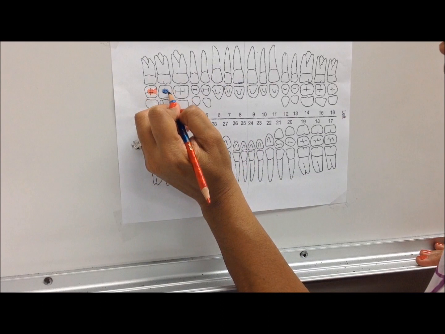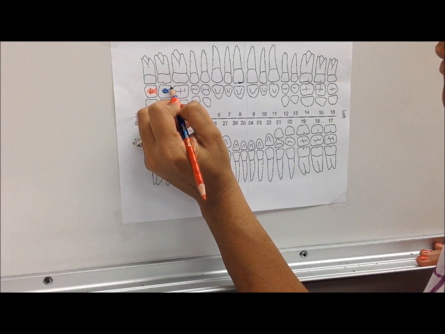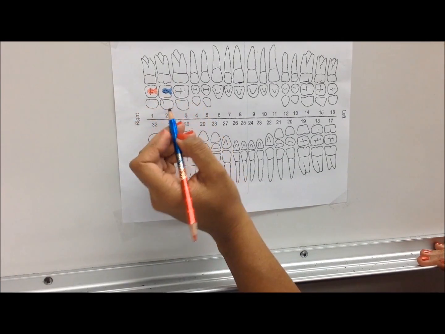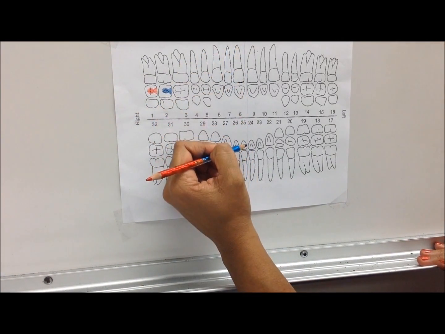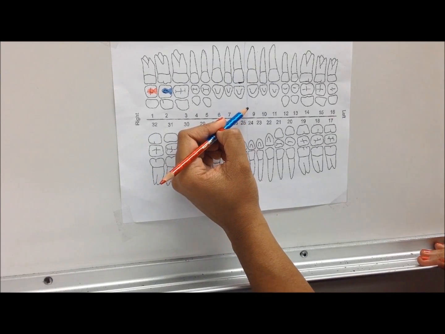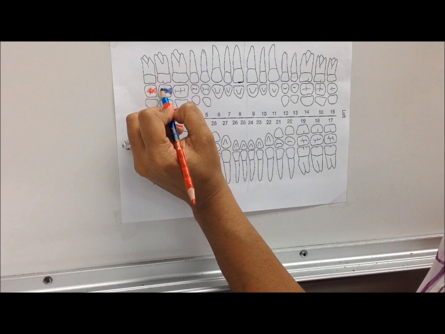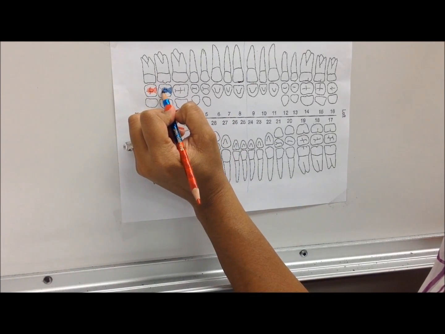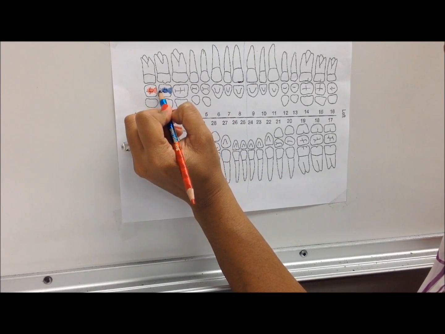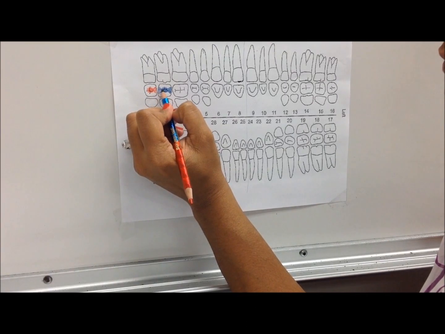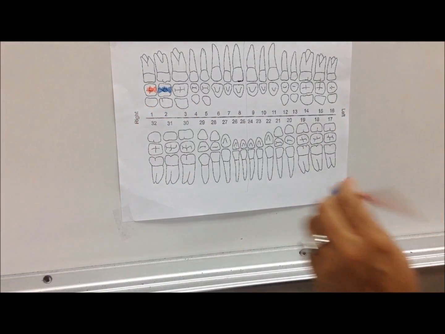We want the surface closest to the midline. We color that in. And then your distal. Here's your midline again, so you want the surface farthest away from your midline. And then you color that in. So it kind of looks like a bow tie.